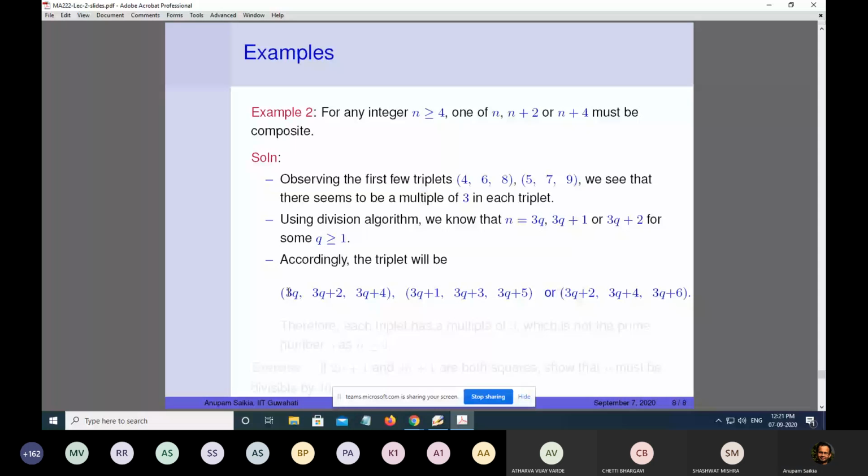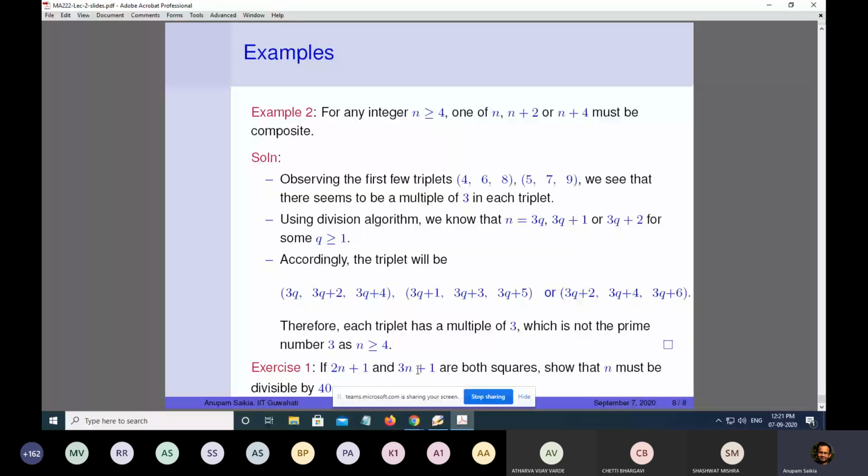That shows that one of these 3 numbers must be composite. So as an exercise, you should try this: let 2n plus 1 and 3n plus 1 be both squares, and show that n is divisible by 40.